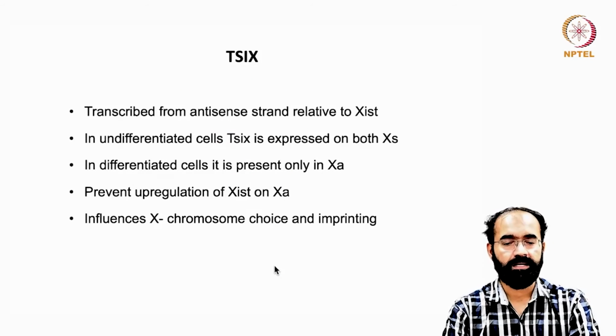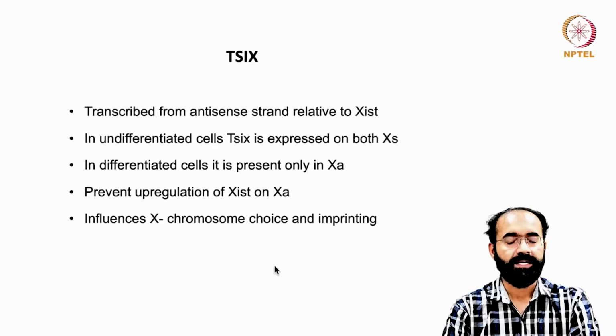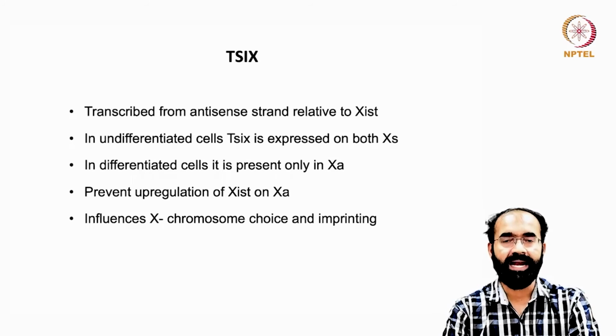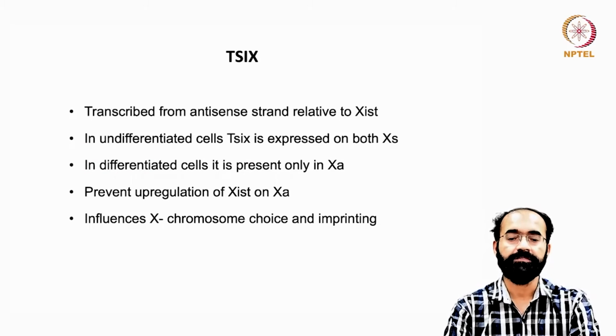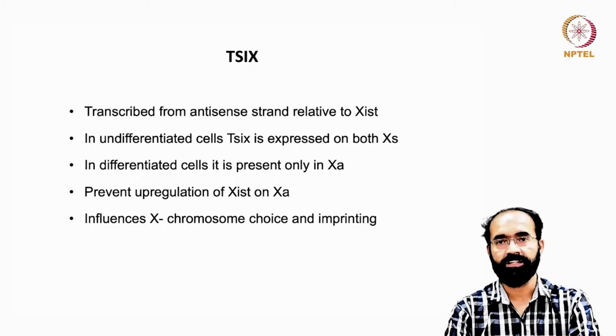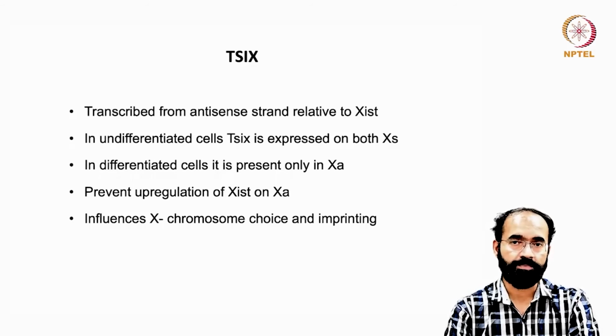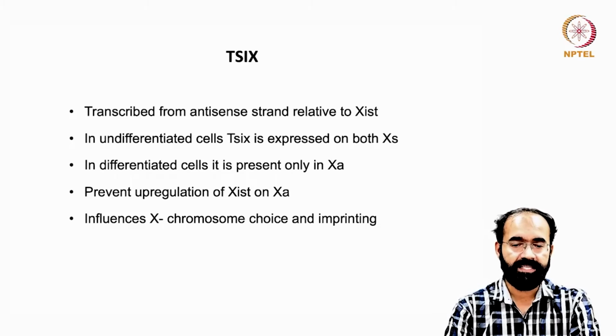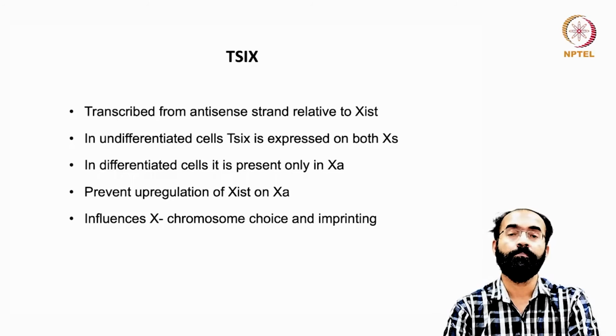Let us understand more about the Tsix. Tsix is transcribed from the antisense strand relative to Xist. Xist is in one strand, so Xist is in the top strand, Tsix is in the bottom strand. So in undifferentiated cells, Tsix is expressed in both X chromosomes.